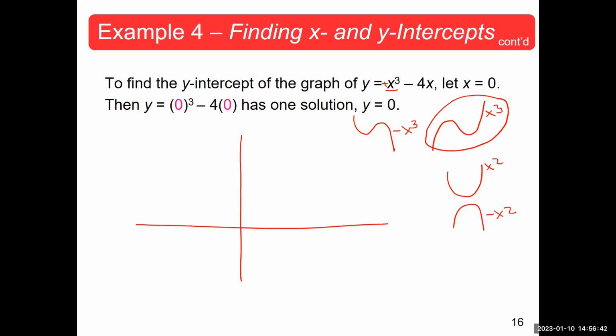I'm going to skip it: (-2, 0), that's the first x-intercept. We have (2, 0). And we have the y-intercept (0, 0).